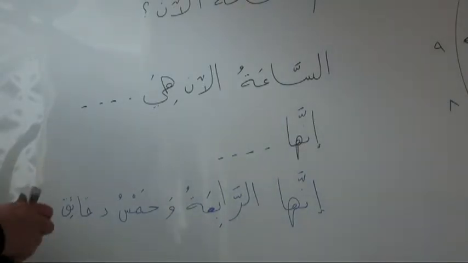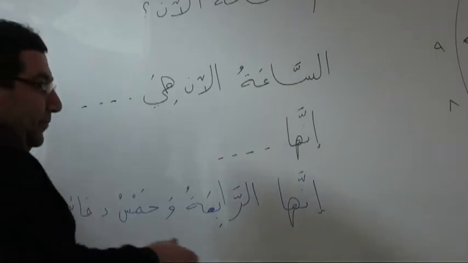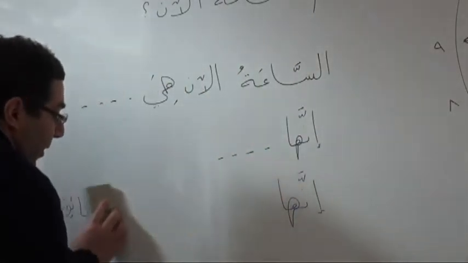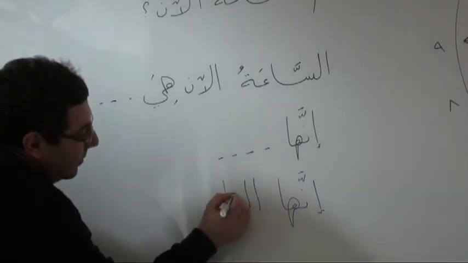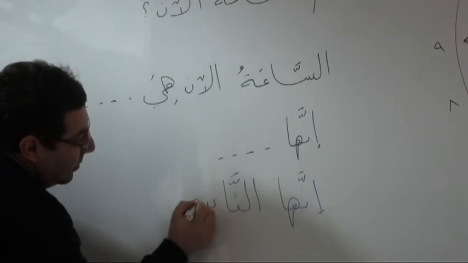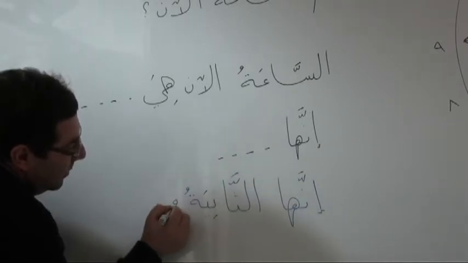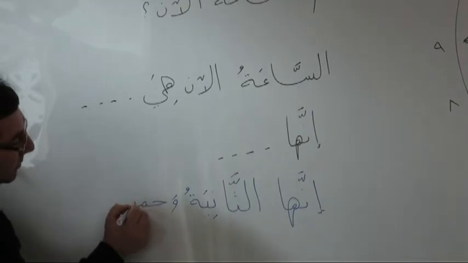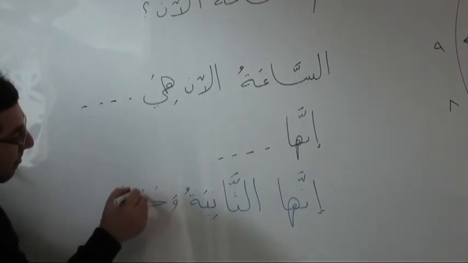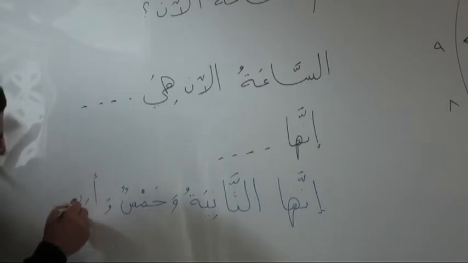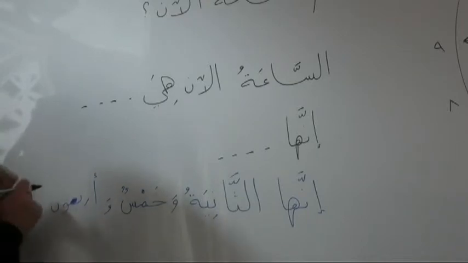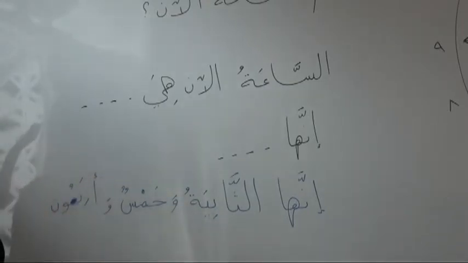So again, إنها الثانية وخمس وأربعون. We still need something, Yusuf. خمس وأربعون what? Wa. It is there actually.